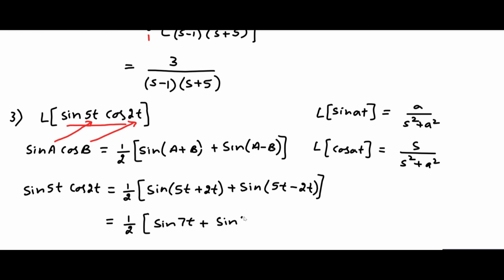Let us simplify this. 1 by 2 times of sine of 5t plus 2t, which is 7t, plus sine of 5t minus 2t, which is 3t. So now you can see that the product which was there at the beginning, sine 5t into cos 2t, has been converted into a sum.